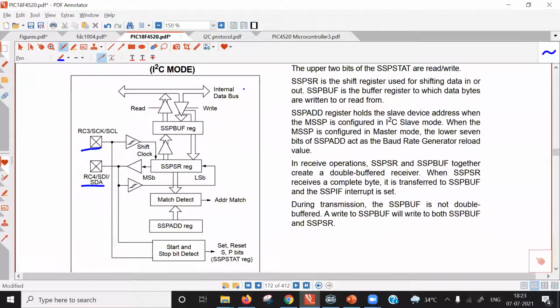So there is an internal data bus shown here, and you see there are buffers for read and write operation, and there is the SSP buffer register. During transmission mode, we must write 8-bit data into this SSP buffer register. I repeat, during transmission mode, for example, if the master wants to write 8-bit data to the slave device, then through the software program, that 8-bit data must be written to the SSP buffer register.